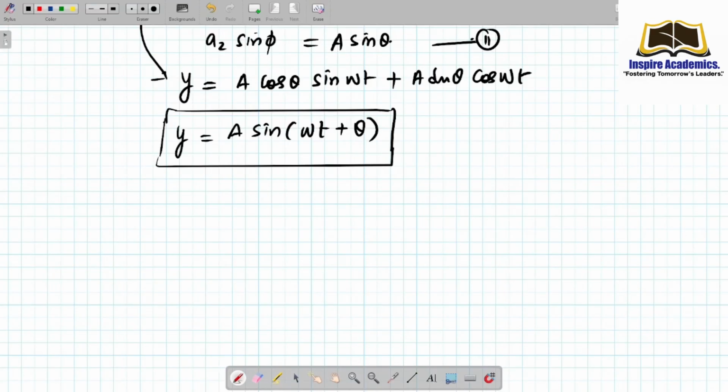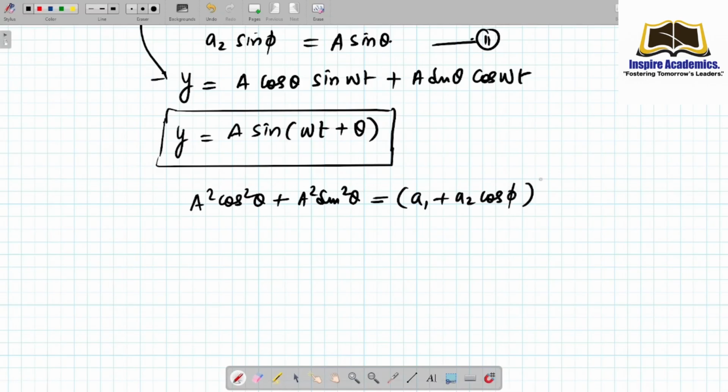Okay. So let us understand how do I really find my parameters. So if I do A square cos square theta plus A square sin square theta equal to a1 plus a2 cos phi, because that's the value, whole square plus a2 square sin square phi.